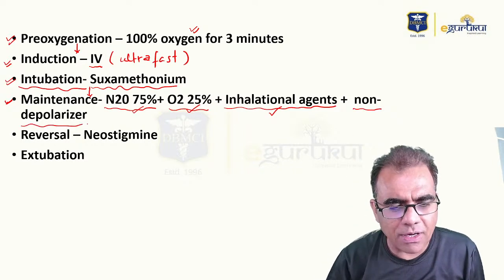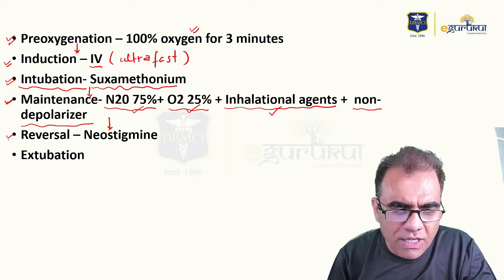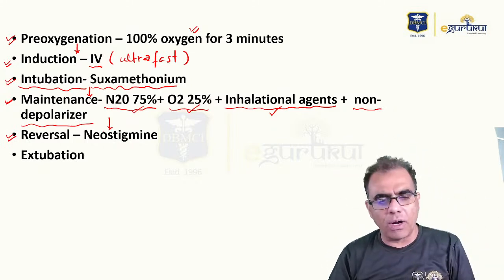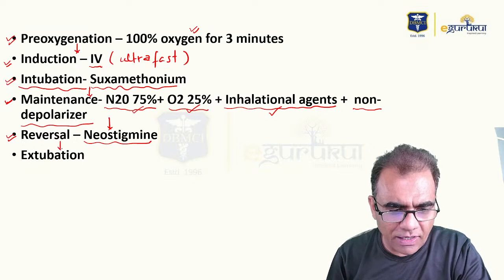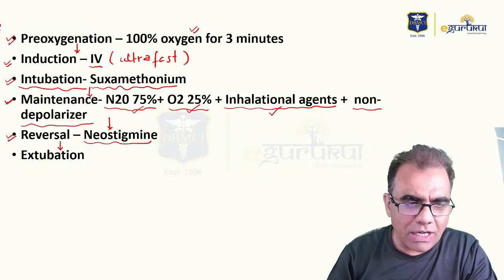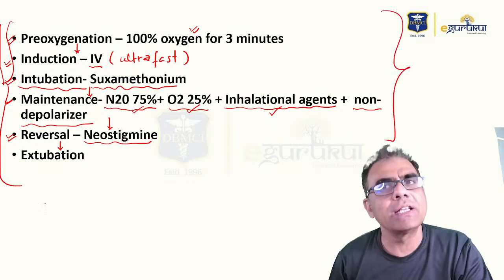Then at the end of surgery, you have to reverse the effect of this non-depolarizer by giving neostigmine, and then the patient is finally extubated. So that is what we do in general anesthesia.